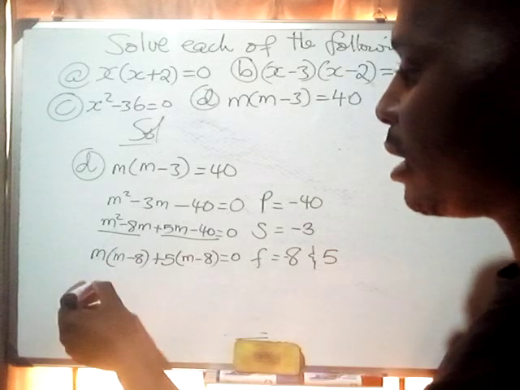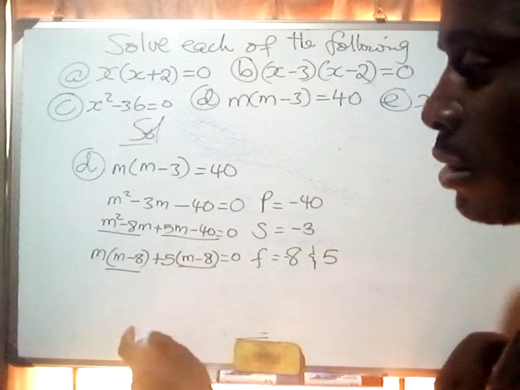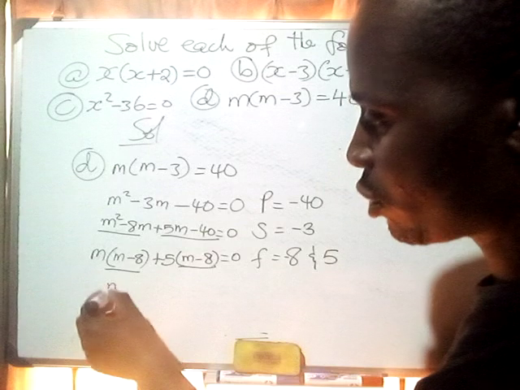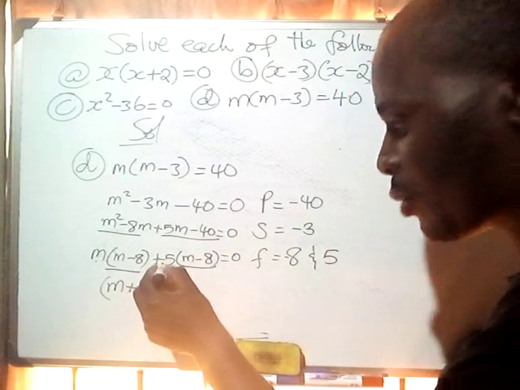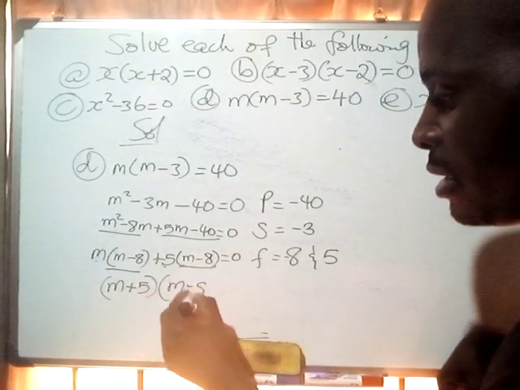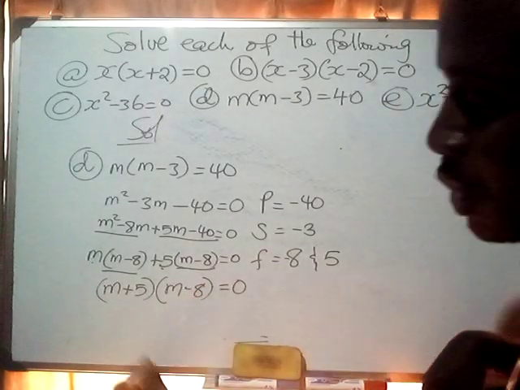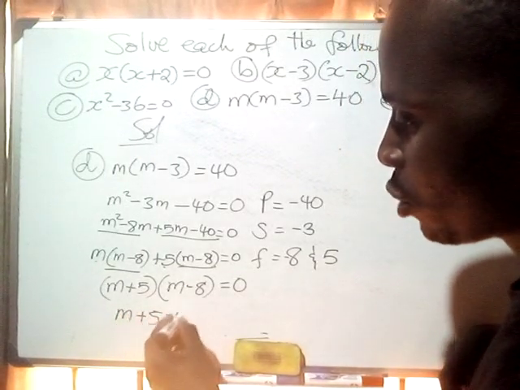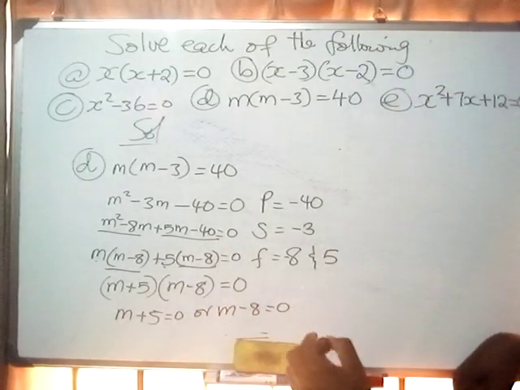So when we reach here, since this and this are common, you just pick one and also factorize the other. So it will be m plus 5, then m minus 8, is equal to 0. When we reach here now, that's where we can equate. So we are going to have m plus 5 is equal to 0, or m minus 8 is equal to 0.